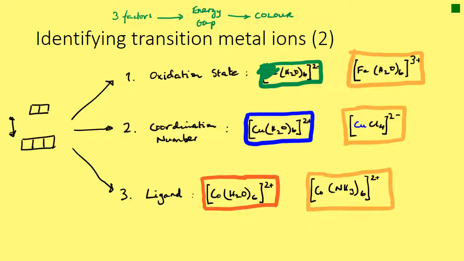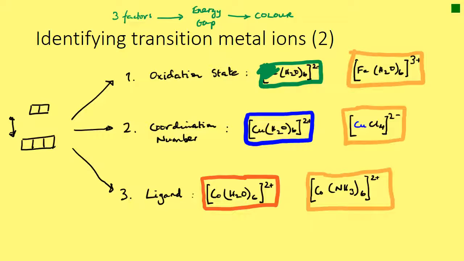Okay, so factor number one is changes in oxidation state. So if the oxidation state of the complex changes, then the colour will change, right? Because the energy gap has changed. Okay, let's give you an example.